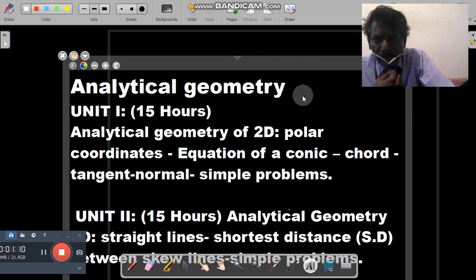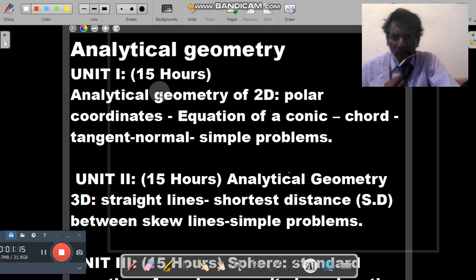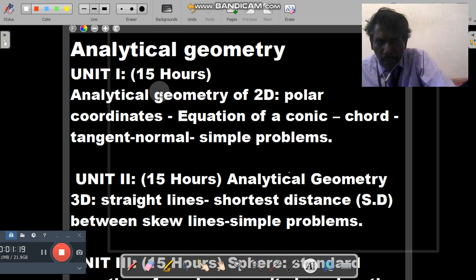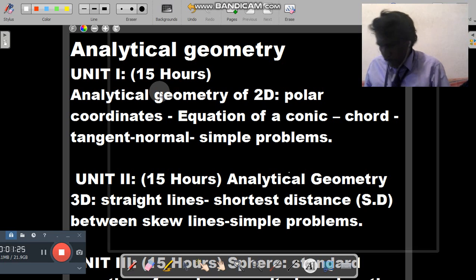First unit consists of the analytical geometry of 2 dimensions. Analytical geometry of two dimensions. That's what we have to talk about.